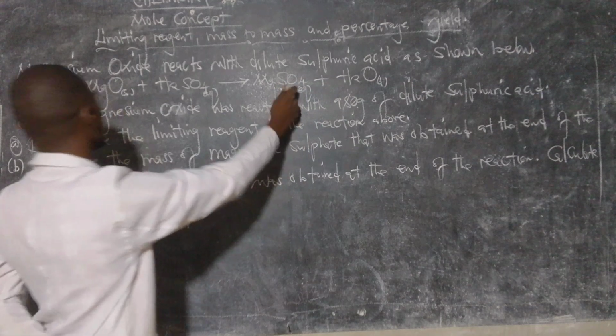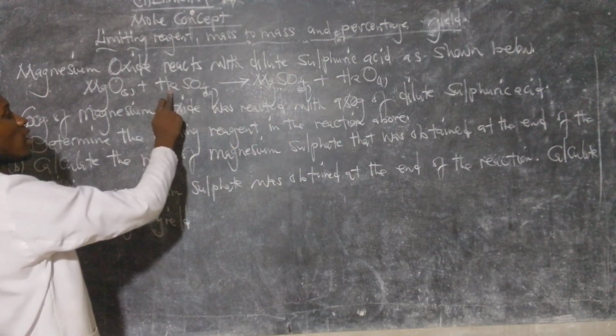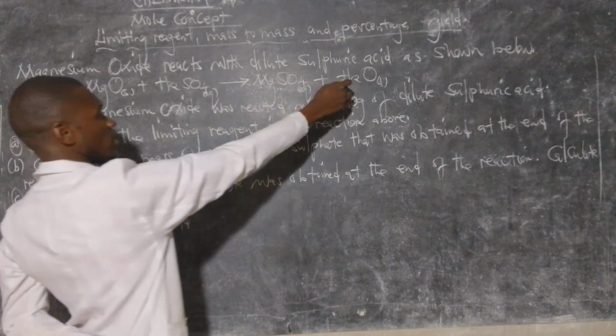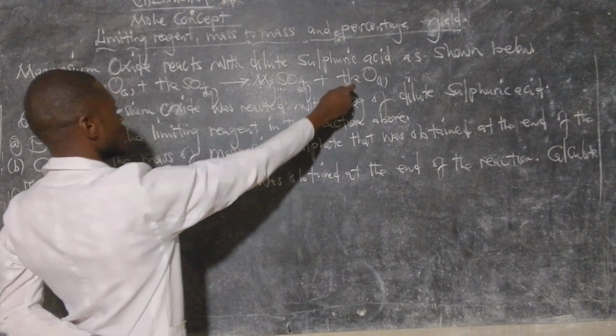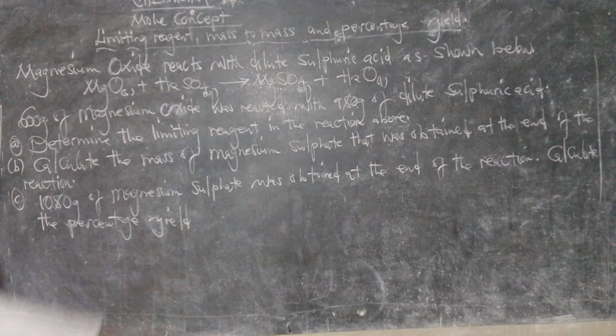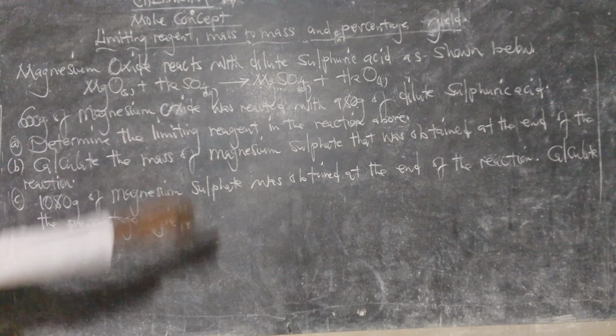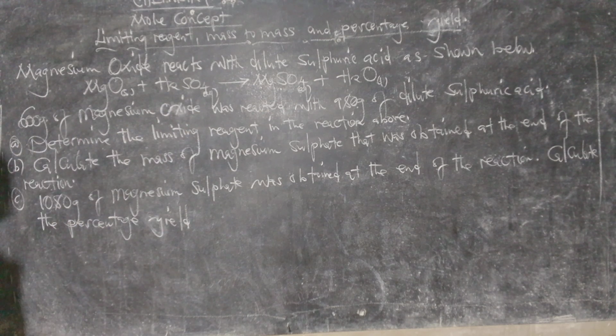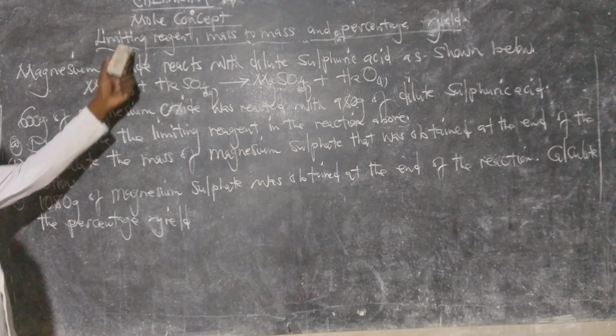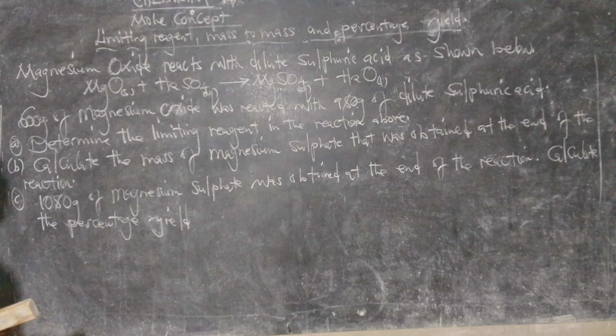Then 1 sulfur, and we also have 1 sulfur, 2 atoms of hydrogen, and also 2 atoms of hydrogen. So the equation is already balanced. Therefore, we can now look at limiting reagent.